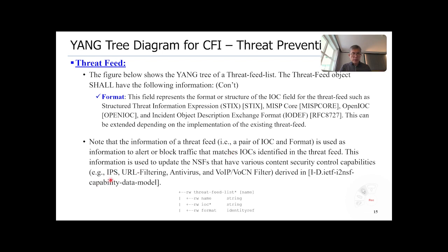So the capabilities are IPS, intrusion prevention service, URL filtering, web filtering, antivirus, and voice over IP and voice over cellular network, like LTE and 5G filter, derived in this I2NSF capability data model.